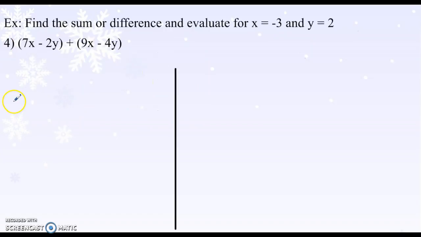You're also going to see problems like this, and I've got a bar set up because I'm going to show you 2 different methods for this. The first one is to combine the like terms, and since we're adding, we can drop our parentheses.